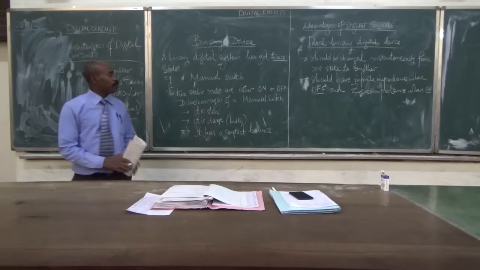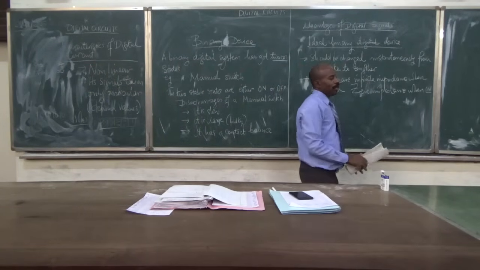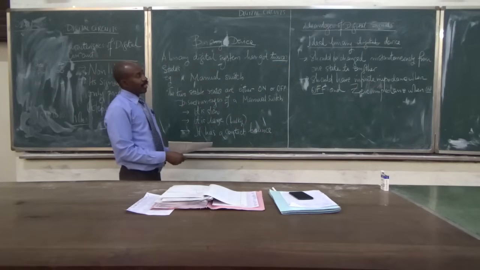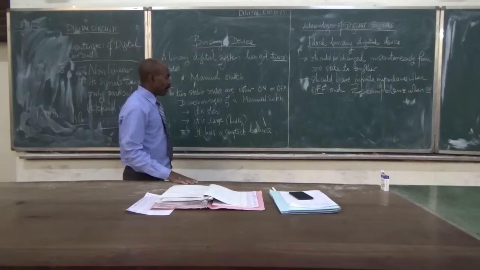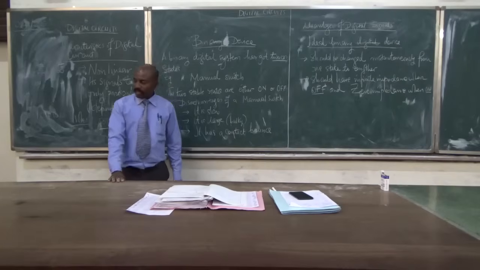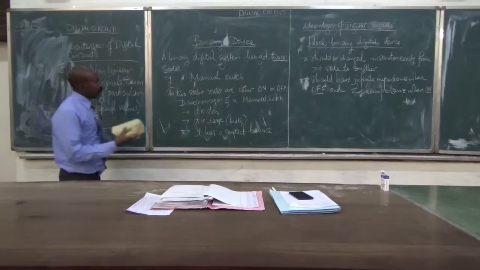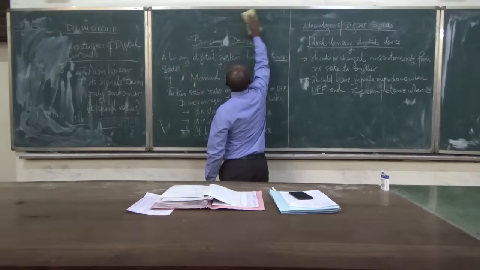So we have now an example of a binary device, the switch, but also we had a device of a switch which you did not take keen interest in when we were doing the transistors. And that was when a BJT is used as a switch.